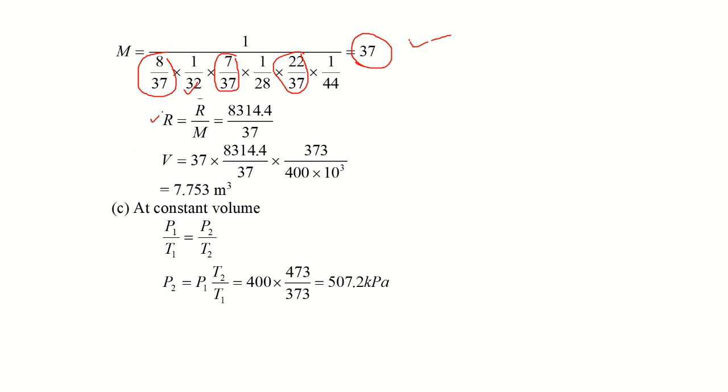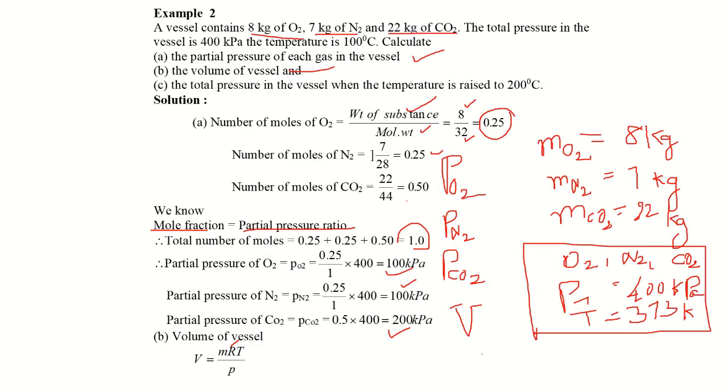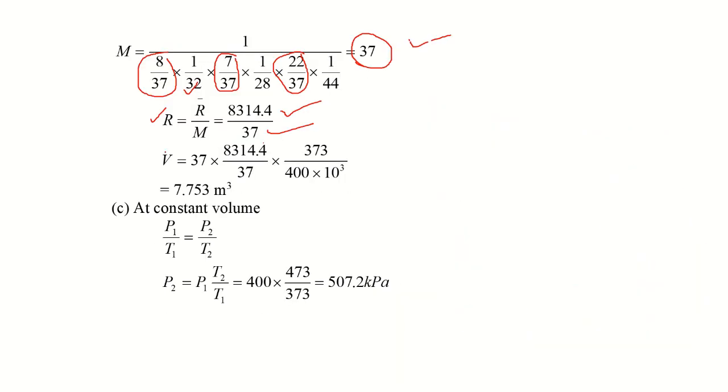Now the mixture gas constant is universal gas constant divided by molecular weight. You know the universal gas constant value, and this molecular weight. So you have got the R value. Go back to this equation, mRT by P. M is 37, R is this, temperature is this, P is this. So you get the volume of the vessel.